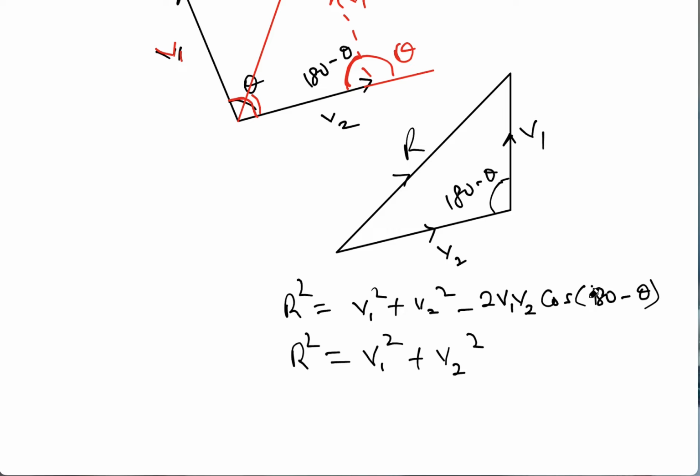Now, cos of 180 minus theta is actually the same thing as negative cos theta. So when you do that, you have a negative sign here and you have a negative sign here. It becomes positive. So you have plus 2v1v2 cosine theta.